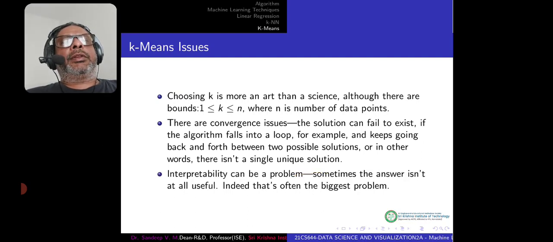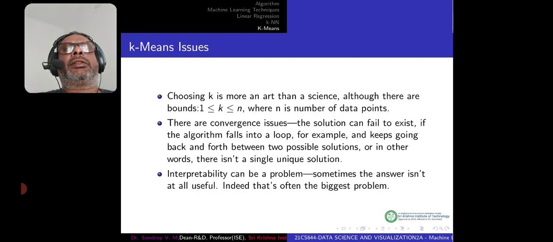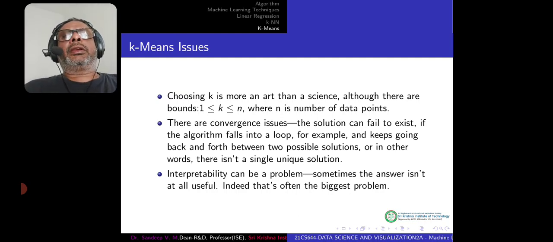Then interpretability can be a problem. Sometimes the answer isn't at all useful. Indeed, it is often the biggest problem. So a problem associated with k-means is that choosing k is a big problem, and sometimes convergence may not be possible. It may take an almost infinitely large number of iterations to converge because we are dealing with infinitely large data sets.